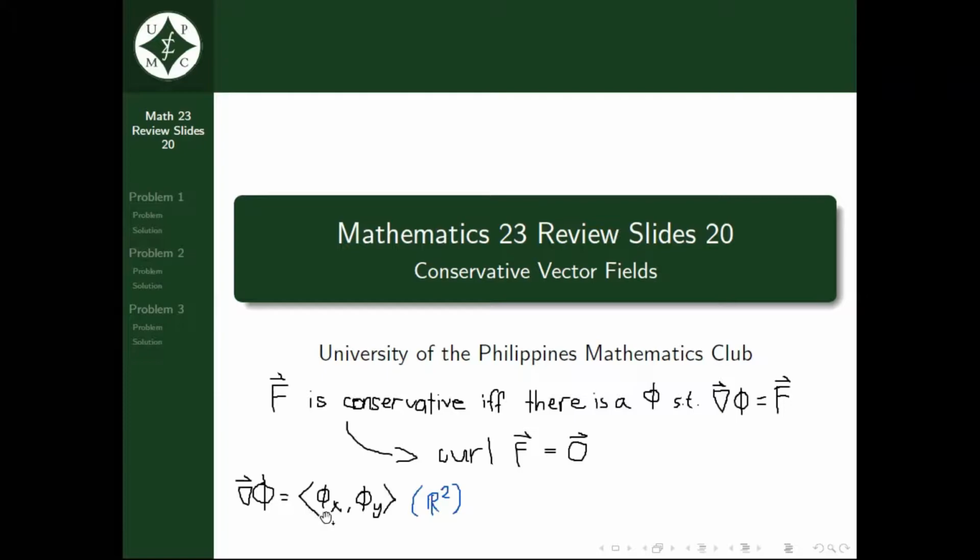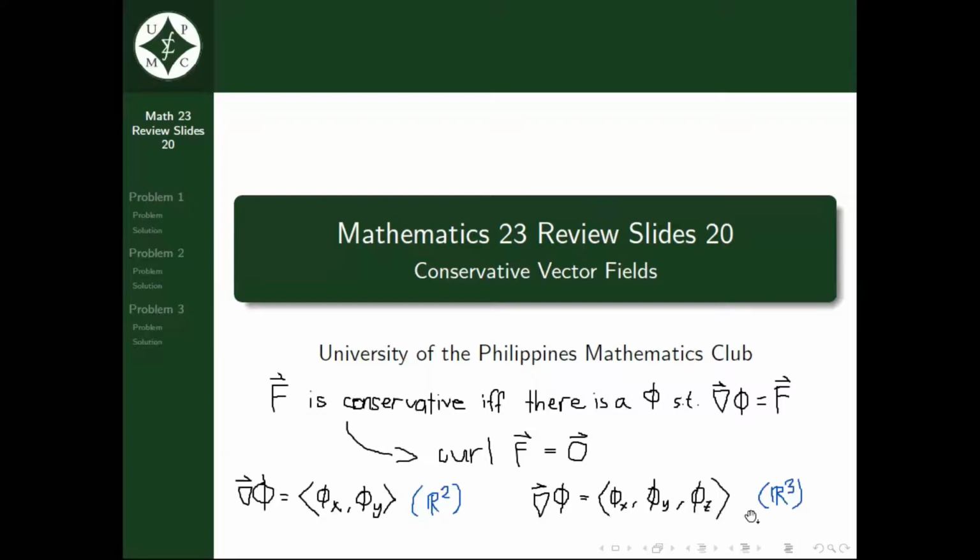The first component is the partial derivative of phi with respect to x, and in the second component, the partial derivative of phi with respect to y. And then for three dimensions, the gradient is given by this vector with three components whose first component is the partial derivative of phi with respect to x, then the second is the partial derivative of phi with respect to y, and then the third is the partial derivative of phi with respect to z.